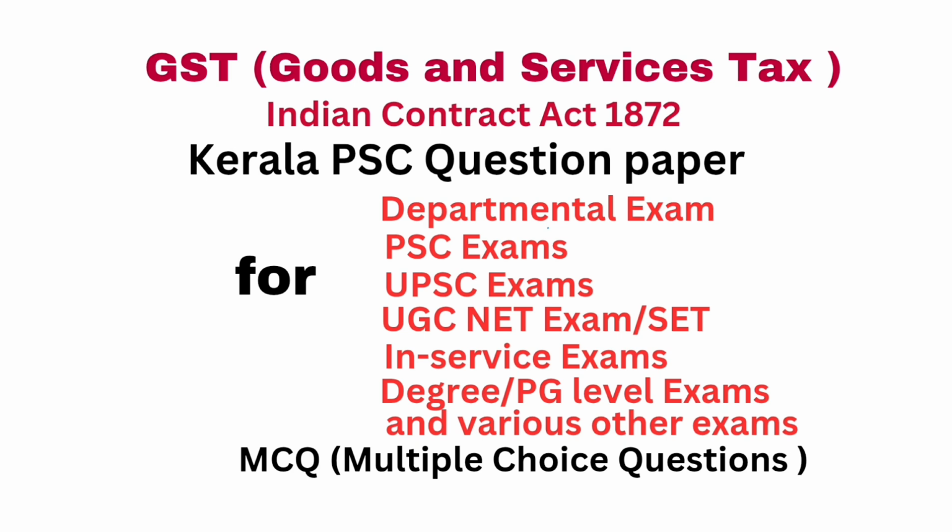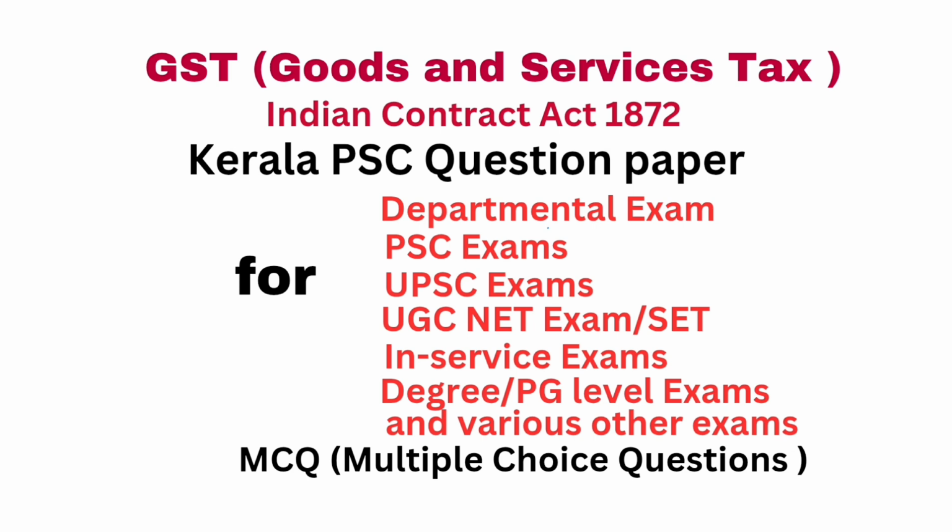Question number 13. In reverse charge, liability to pay taxes is by? Correct answer, recipient. Question number 14. Taxes charged on any supply of goods or services made to a registered person is called?